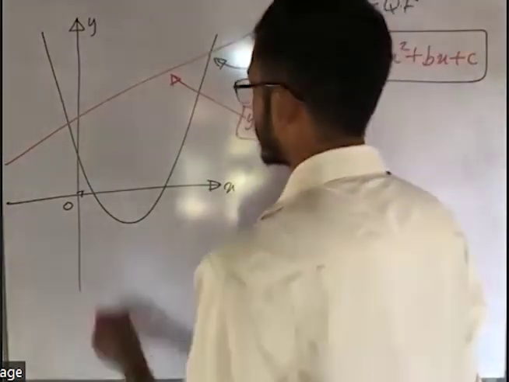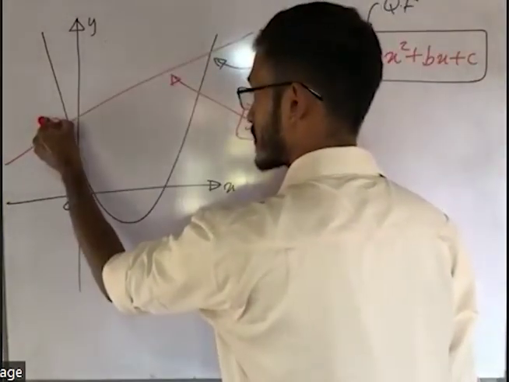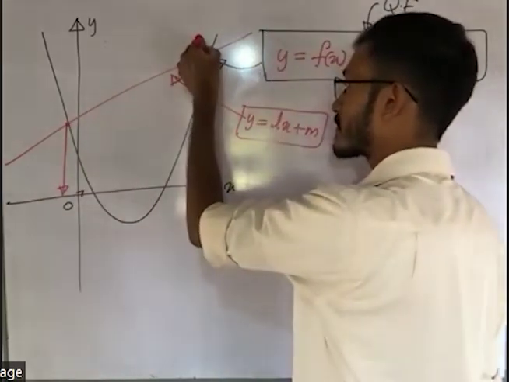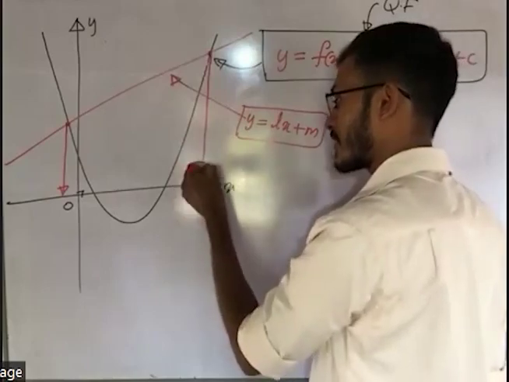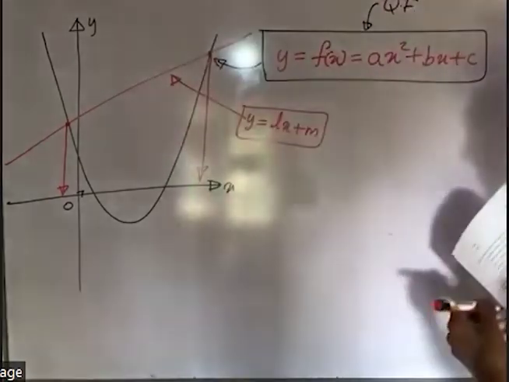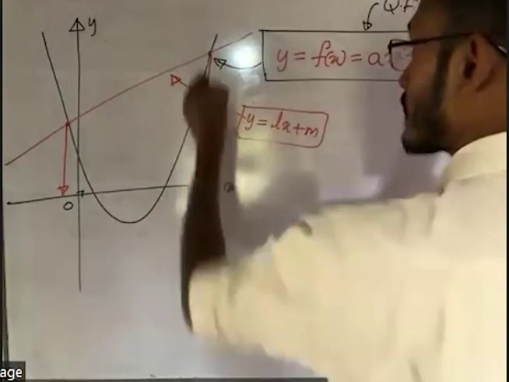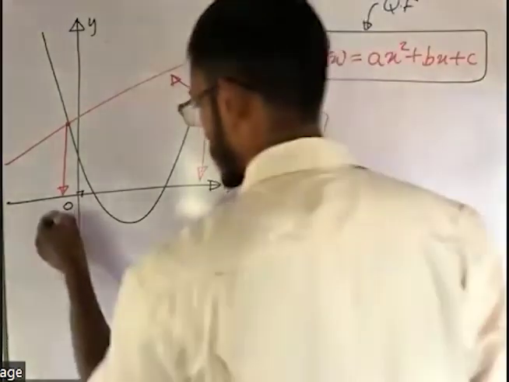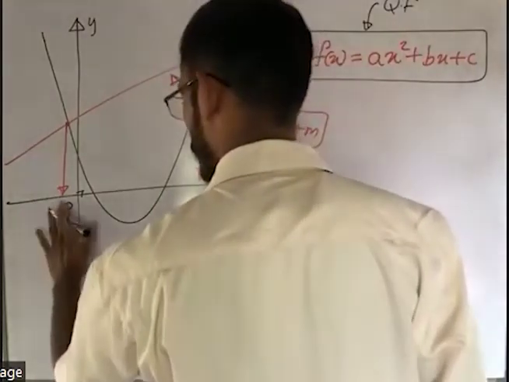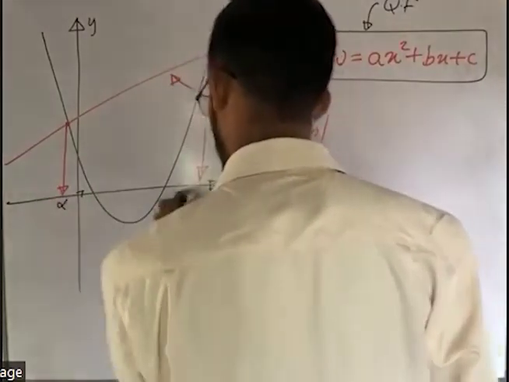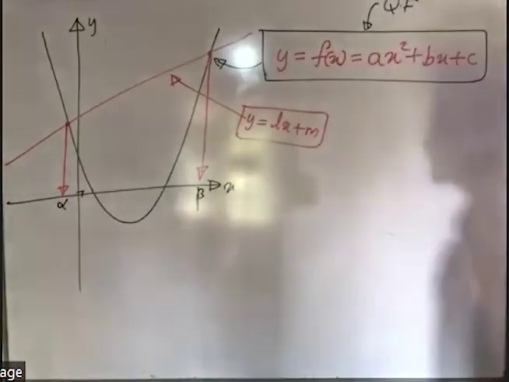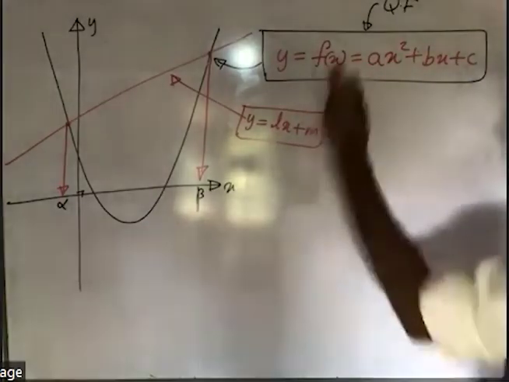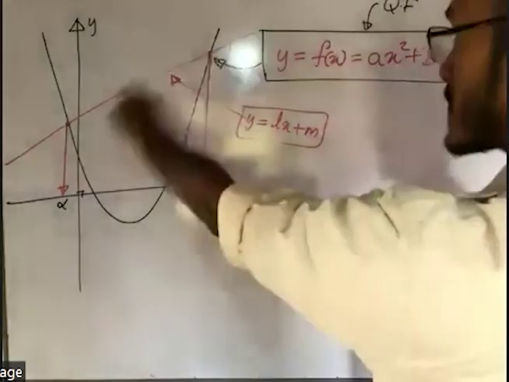So here there are two intersection points. This is the first intersection point. This is the second intersection point. These are the intersection points of this graph f(x) and this straight line lx plus m. Let's take those intersection points as alpha and beta.